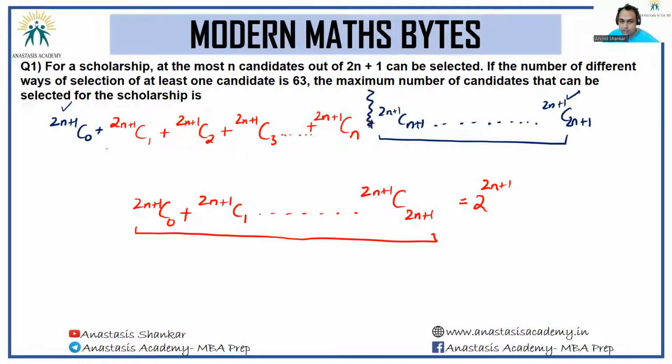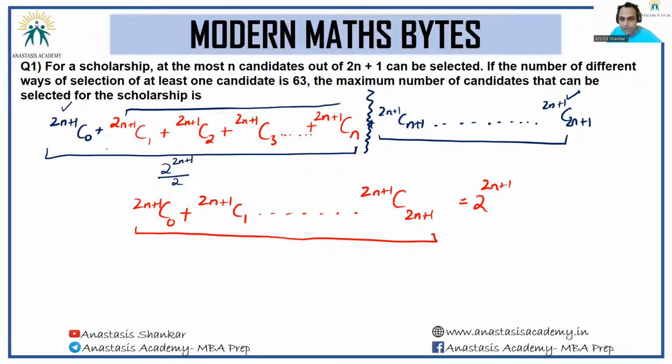So up until this point, what you would have is half of the total. So this part is going to be 2 raised to the power 2n plus 1 by 2. Yet all that we were told was that this is equal to 63.